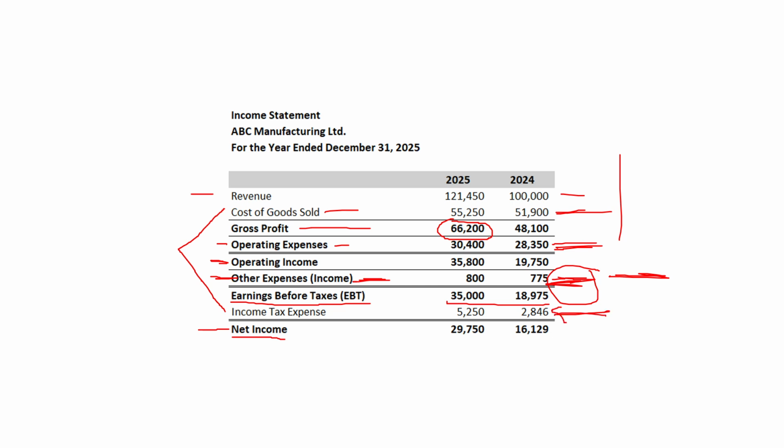Now, the reason why, and we'll get into this in more detail later, why EBITDA, you might have heard of EBITDA, is before taxes. It's because the amount of money in this EBT here can be used to pay off your loan first before it gets taxed.